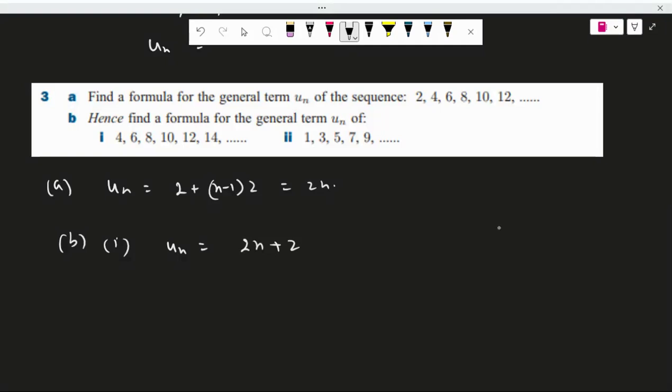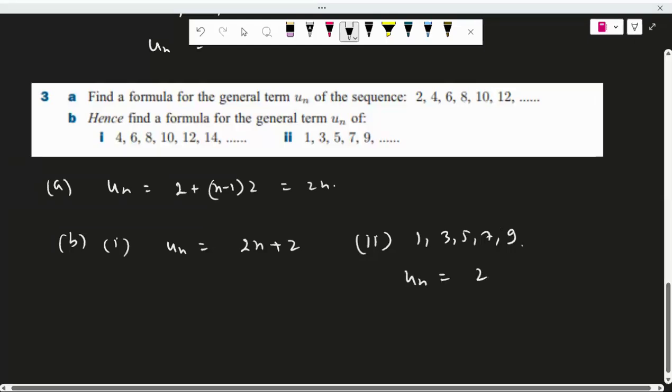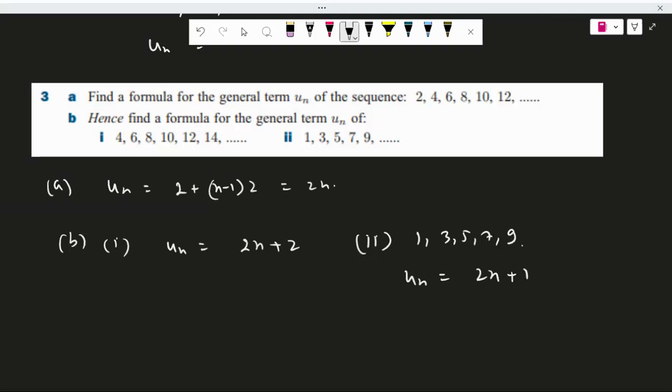And what about the second part? 1, 3, 5, 7, 9. Odd natural numbers. So Un will be 2n plus 1, isn't it? No. Let's write 2n minus 1.